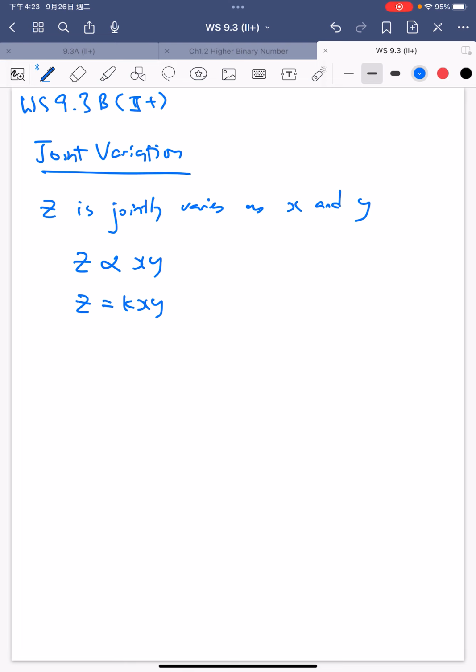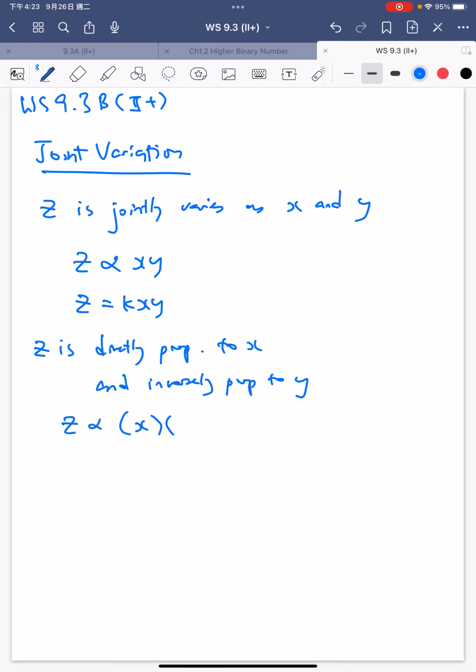Or sometimes they say z is directly proportional to x and inversely proportional to y, so z is proportional to x but inversely to y, so it's directly to 1 over y, so you can times the 1 over y here, so that I can write z is equal to kx over y.